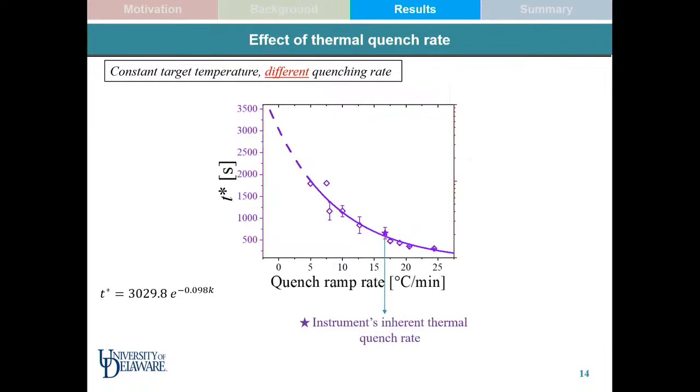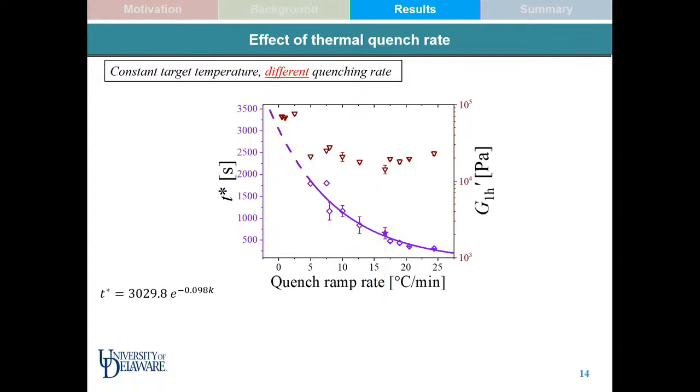We characterize the time at which it undergoes the drop, T star, which we also call the transition time, and plot it as a function of temperature quench ramp rate. We observe that only above a ramp rate of 5 degrees per minute does the system undergo this typical transition, and the value decreases with increase in quench ramp rate. It shows an exponential behavior, but maybe you can try to fit some other model to it. There is no theoretical evidence for why it should only behave exponentially.